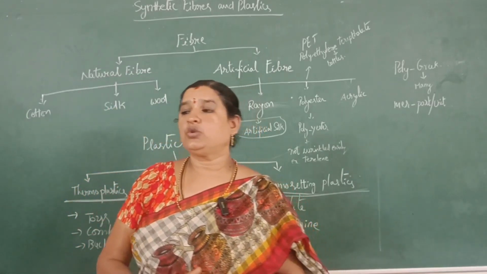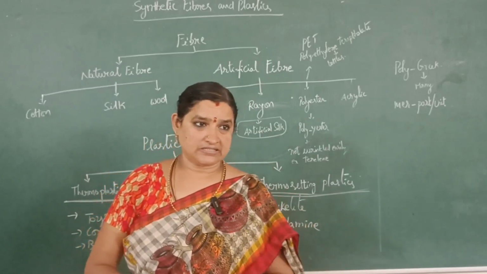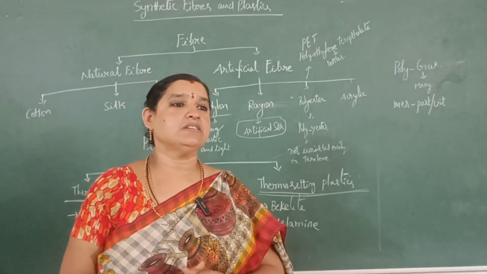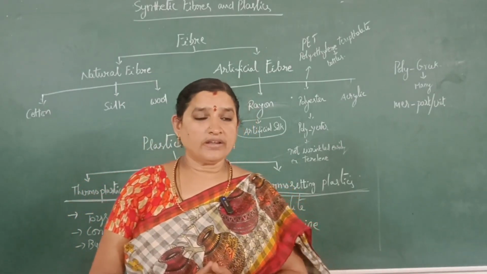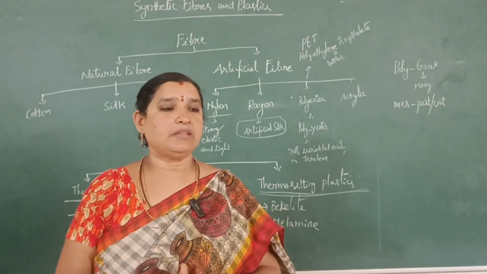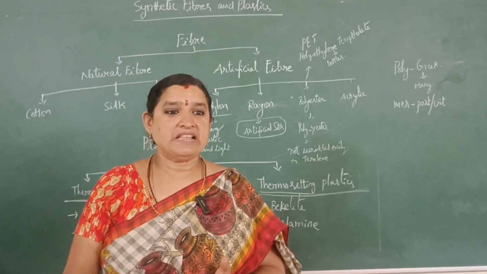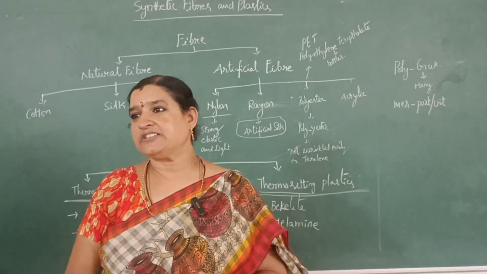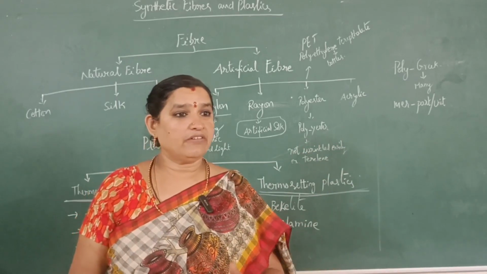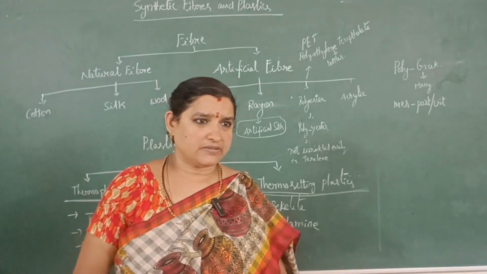Here again we have two types of plastics: thermoplastics and thermosetting plastics. Before learning the difference between these plastics, what are the main utensils we use in our day-to-day life made from plastics? We use plastic bags, buckets, vases, sheets, doors. Most utensils are made of plastic.